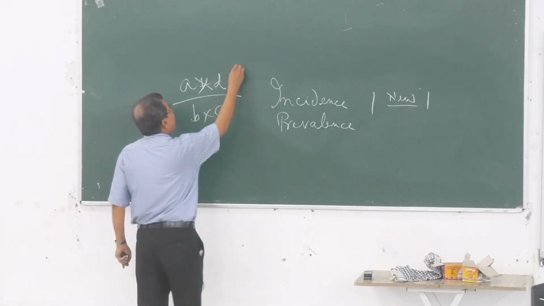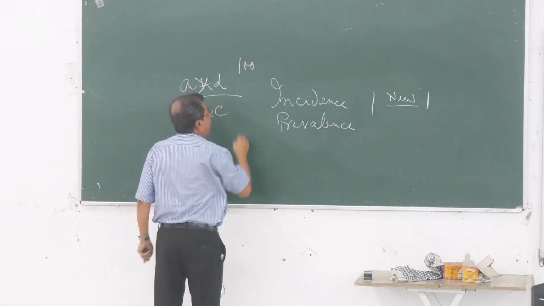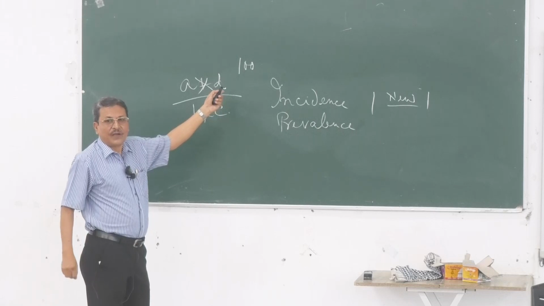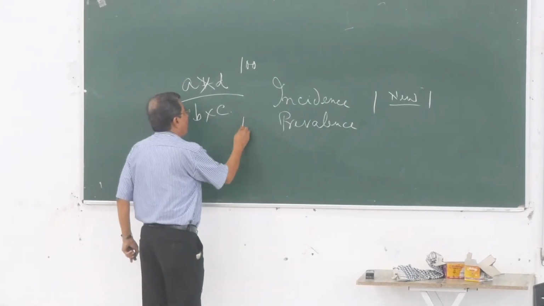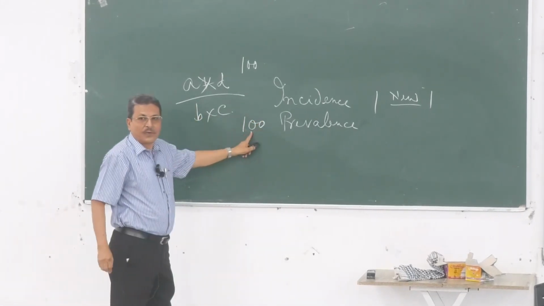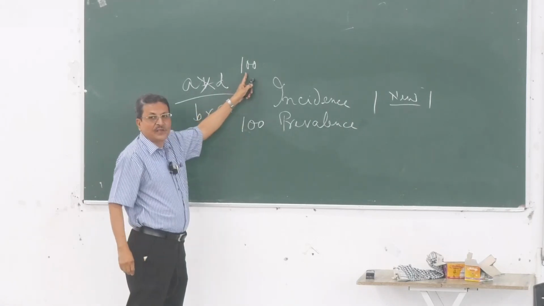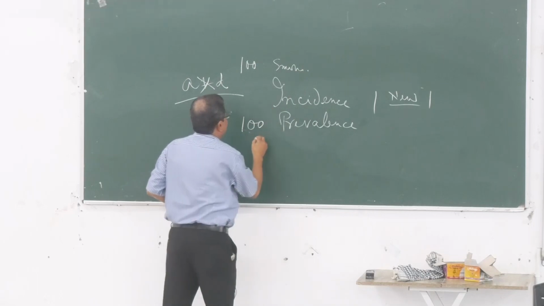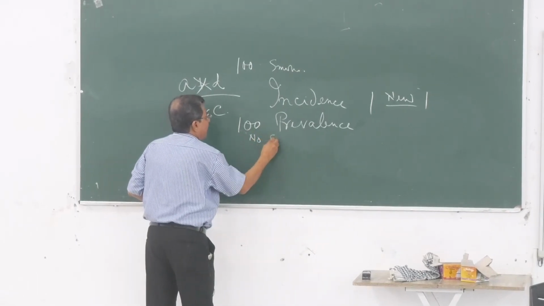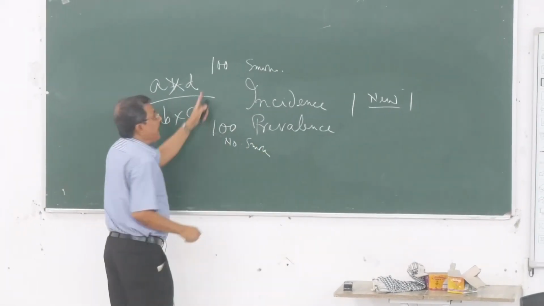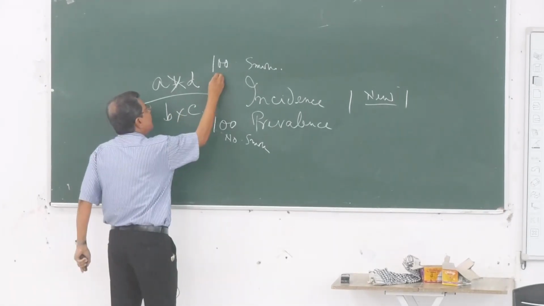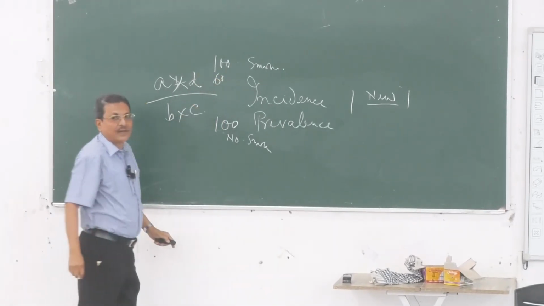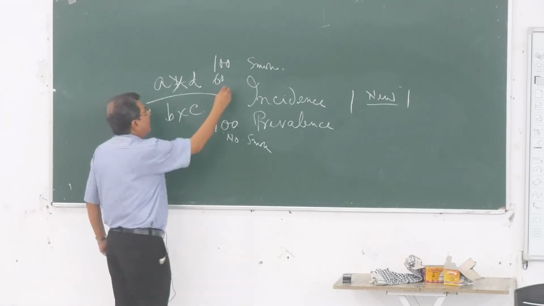Suppose you are taking 100 cases of lung cancer and 100 control cases. There is history of exposure of smoking, and no history of smoking. Among the smokers, 60 developed lung cancer and 40 did not develop.